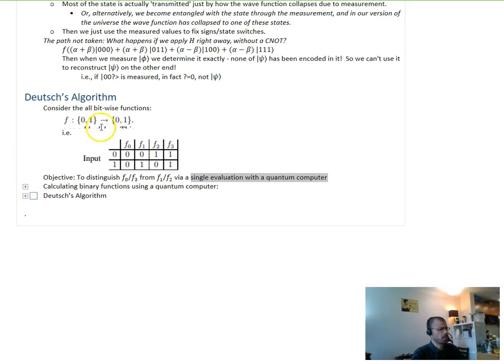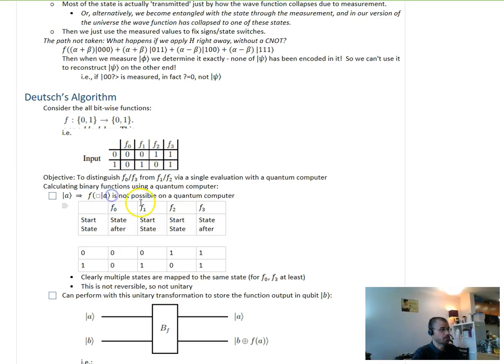So first of all, how would we actually calculate a bitwise or a binary function with a quantum computer? We can't take a single qubit and map it to f of itself on a quantum computer, because this is not a unitary transformation. Unitary transformations should be reversible.